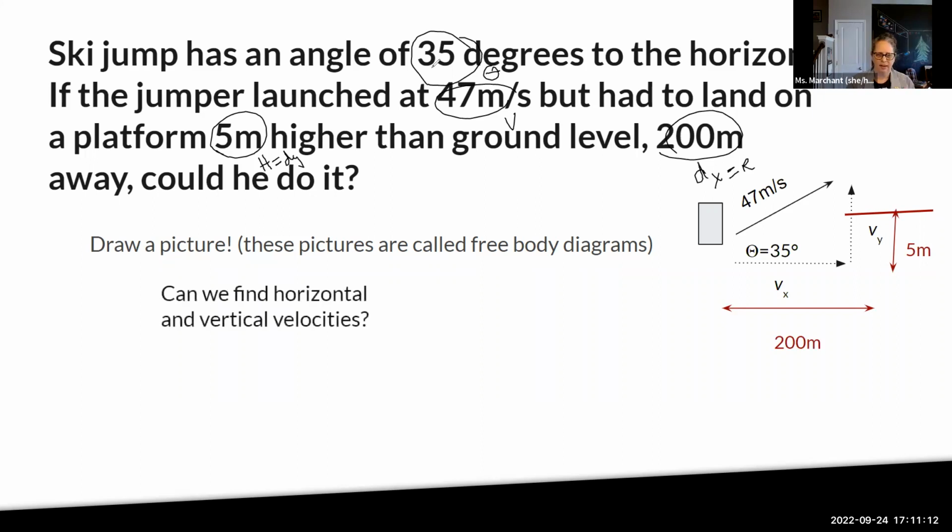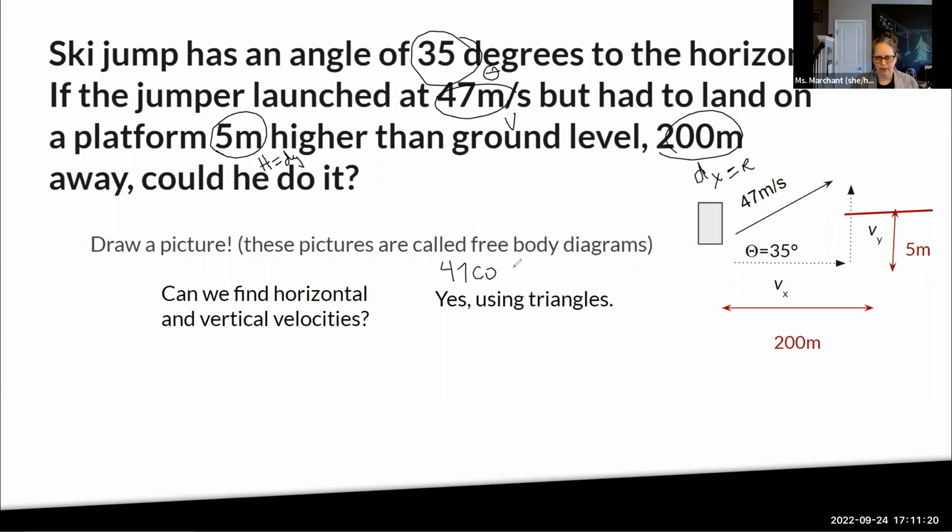Can I get my x and y velocities? Absolutely. Hopefully that's becoming second nature right now. 47 times cosine 35 is going to be the velocity in the x. 47 times sine of the theta, which is 35, is going to be my velocity in the y. So I have those two velocities there. What other formulas do I have?